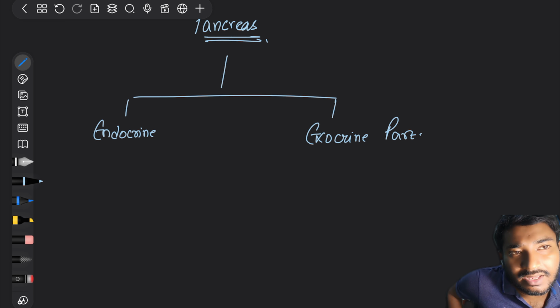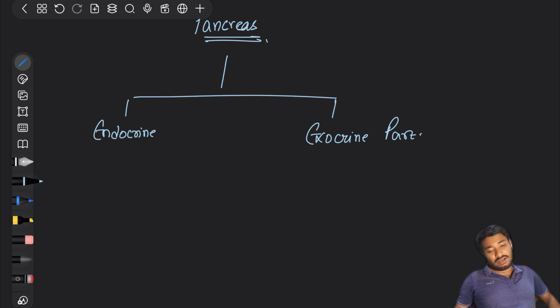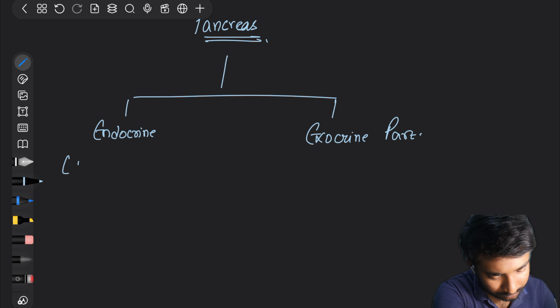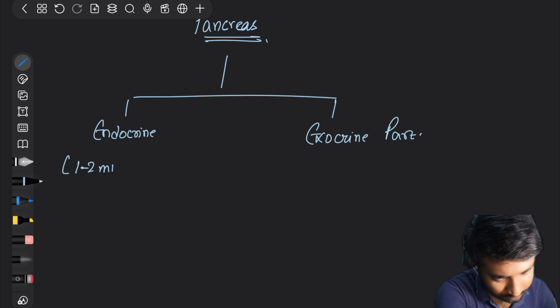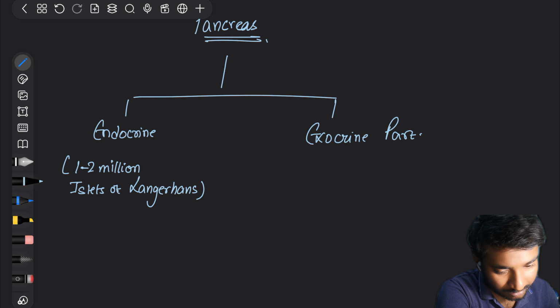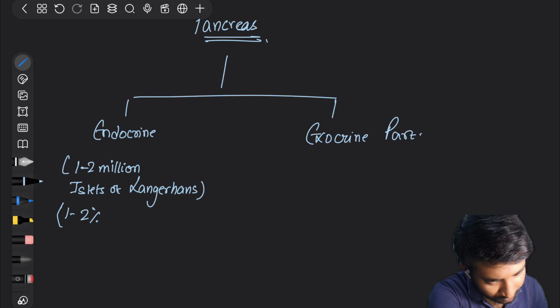The endocrine part has 1 to 2 million islets of Langerhans, which make up 1 to 2% of pancreatic tissue.